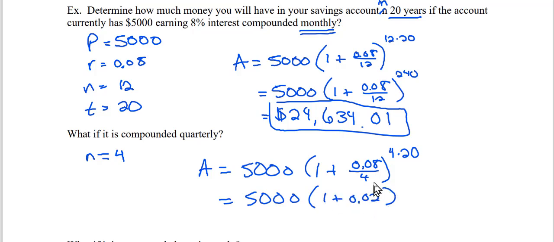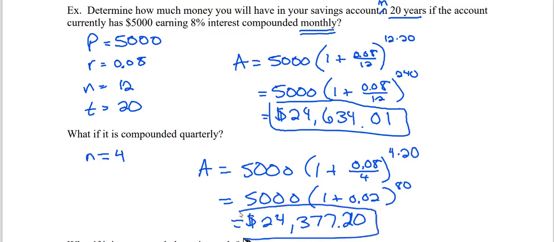But the one up here is going to give me a decimal that goes on forever and ever, so I don't like to do that. So that's 1.02 to the 80th power times 5,000. $24,377.20 is what it would round to. 2 decimal places for money.